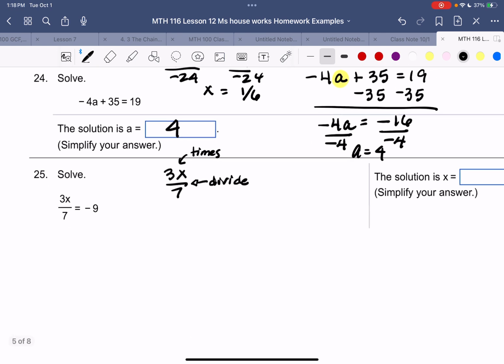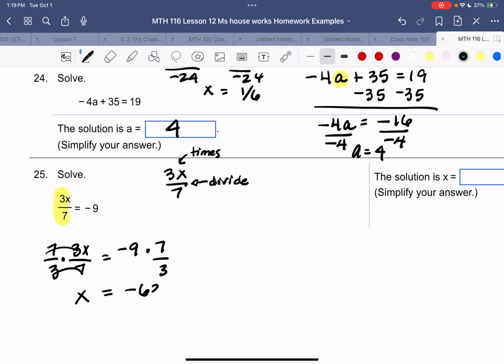The best and easiest thing to do when you have a fraction in front of your x, your coefficient is a fraction, 3x over 7, is do it at the same time by multiplying by the reciprocal. Think about that. You're going to get a 21 over a 21. That's going to give me a 1x.